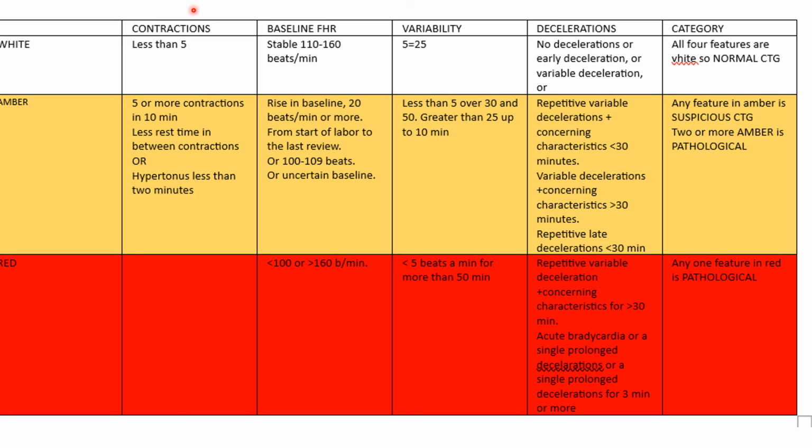So we include the categorization of the CTG as part of the full assessment of the condition of the woman and the baby. So the CTG can be an important tool which can communicate the current state of the fetus, and it should be used together with antepartum and intrapartum risk factors.